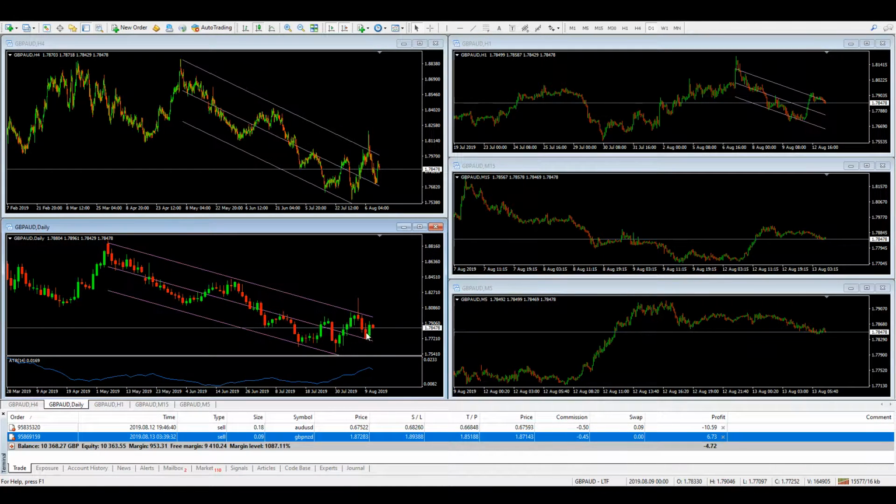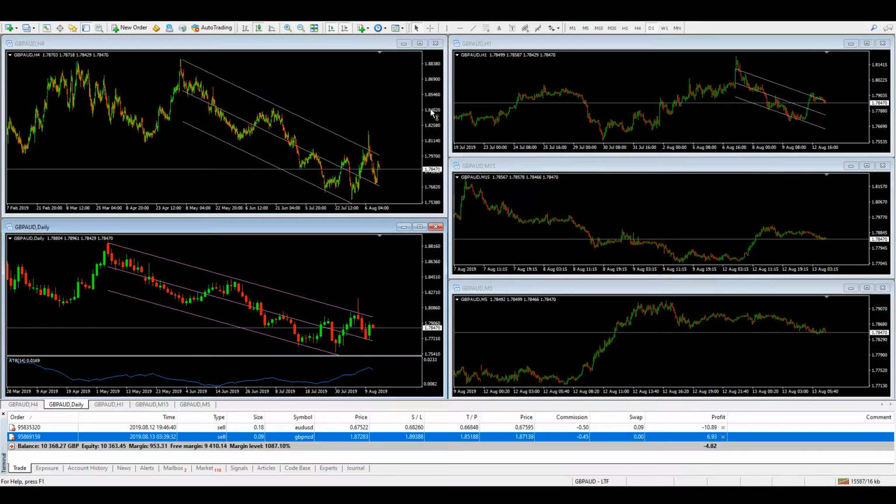This wouldn't be a trade that I would look to get in myself now, but the premise for entry would be very similar to that of the GBP/NZD that I'm in currently. So yeah, shorts on this definitely.